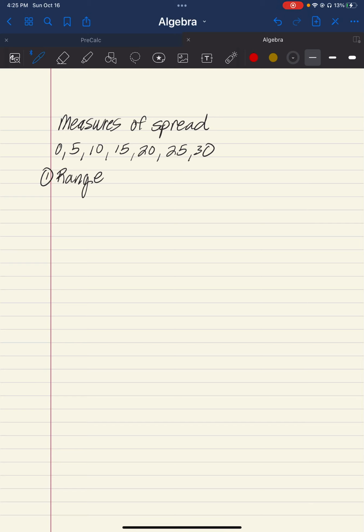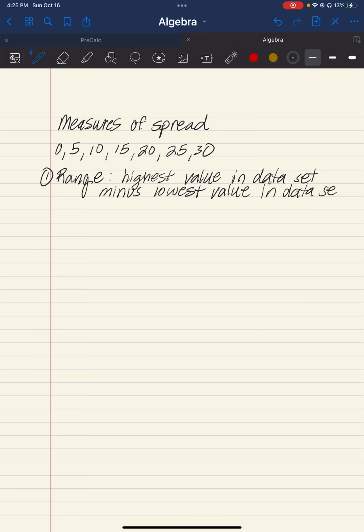The range, as a definition, would be the highest value in the data set minus the lowest value in the data set. In this particular data set, we've got 30 as the highest value and 0 as the lowest value.